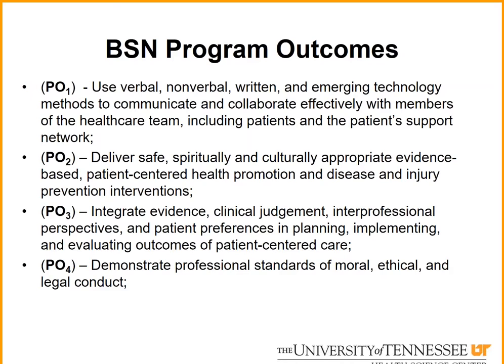So these are just a few of our program outcomes. And remember when I told you it could become very overwhelming for faculty to try to add these codes in? One of the ways you can help them is to use abbreviations. So for program outcomes, we use the abbreviation PO for program outcome. I listed 4 program outcomes here.